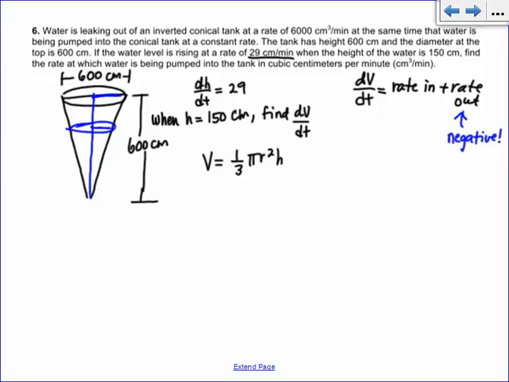So you have the radius of the water and the height of the water in the proportion 300 to 600, right? So radius over height equals 300 over 600. In other words, radius over height equals 1/2. So 2r equals h.